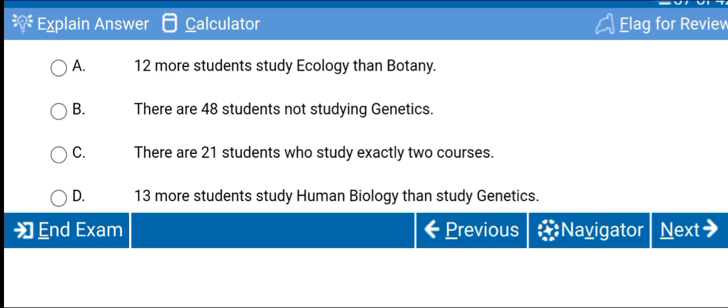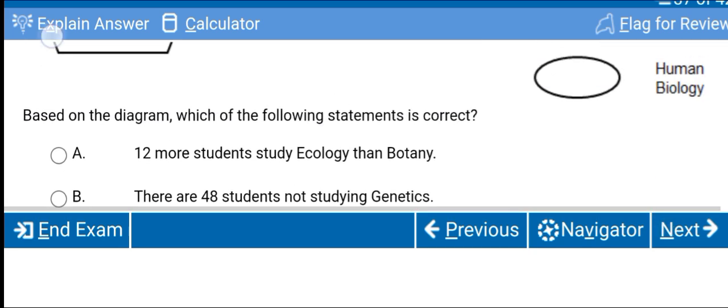Option D, 13 more students study human biology than study genetics. So here we have these options. So let's see which one is the correct option.